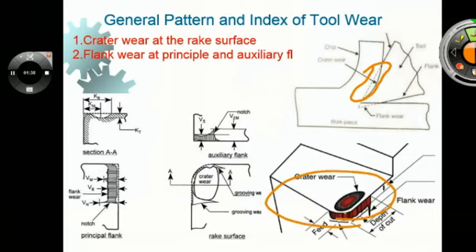In this view you can see this is the crater. So that crater wear can be measured in terms of depth. If you can see here, this KT shows the crater depth. If you take the cut section of your tool, then you can measure KT, that is the crater depth.